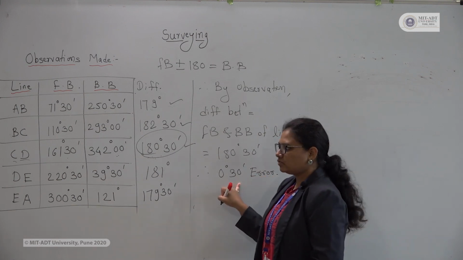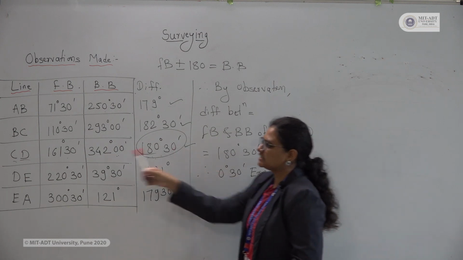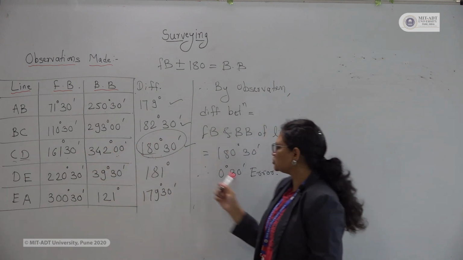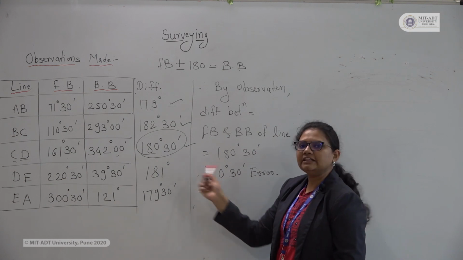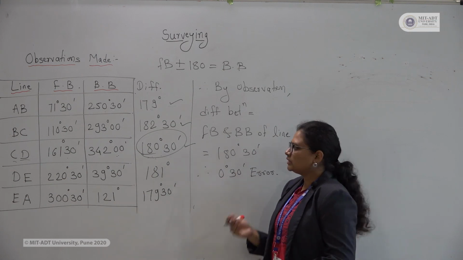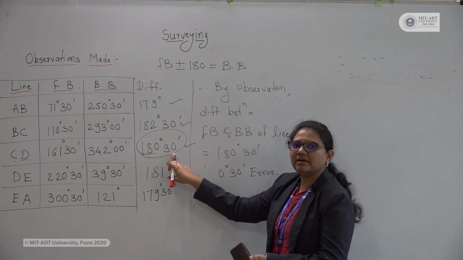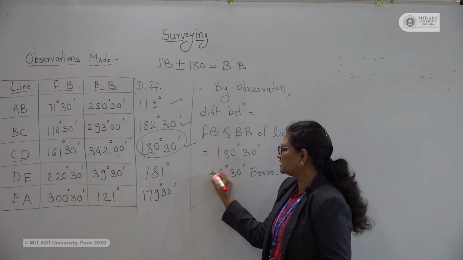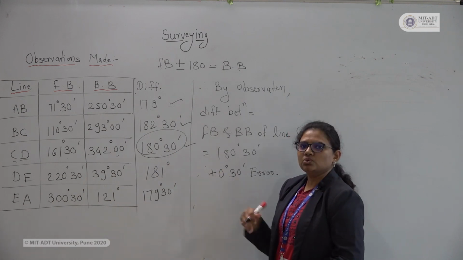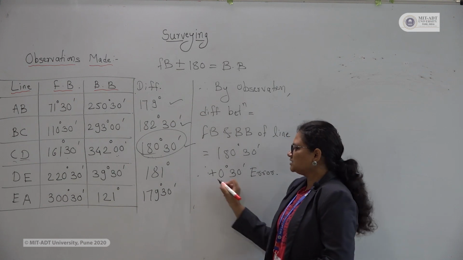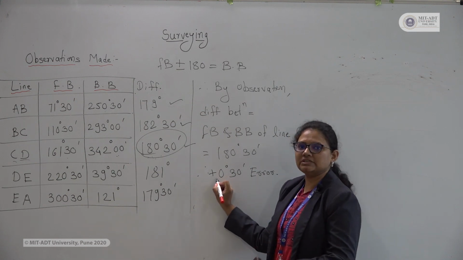For finding the corrected bearings of this line, that is CD, we have to distribute this error evenly into both bearings. You can see that the difference is exceeding by 30 minutes, so our error is plus 30 minutes. Whenever you have to find the corrected bearing, you have to use the reverse sign of this error.